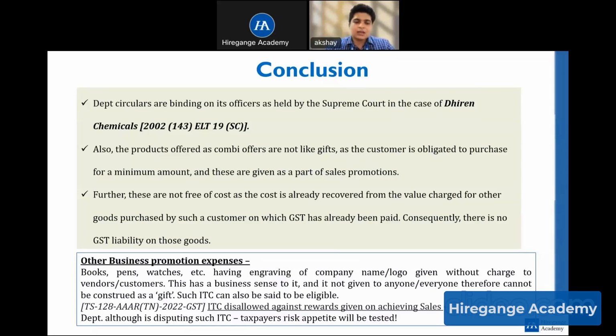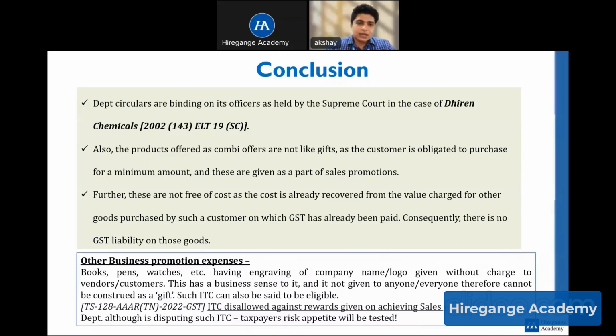This concept can be understood from the Telangana state and Tamil Nadu state advance rulings, which were also agreed by the appellate authority of the advance ruling, where ITC was disallowed against rewards given on achieving sales. There are many rulings wherein the credits are also allowed, but each and every situation needs to be considered separately.